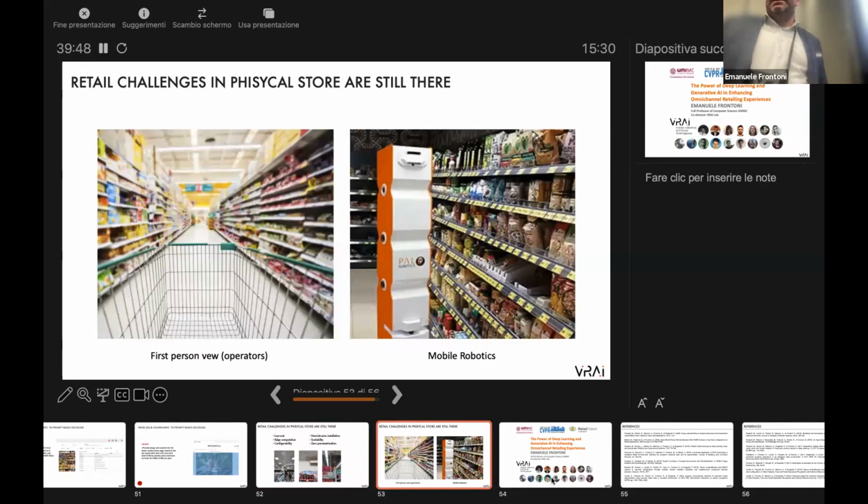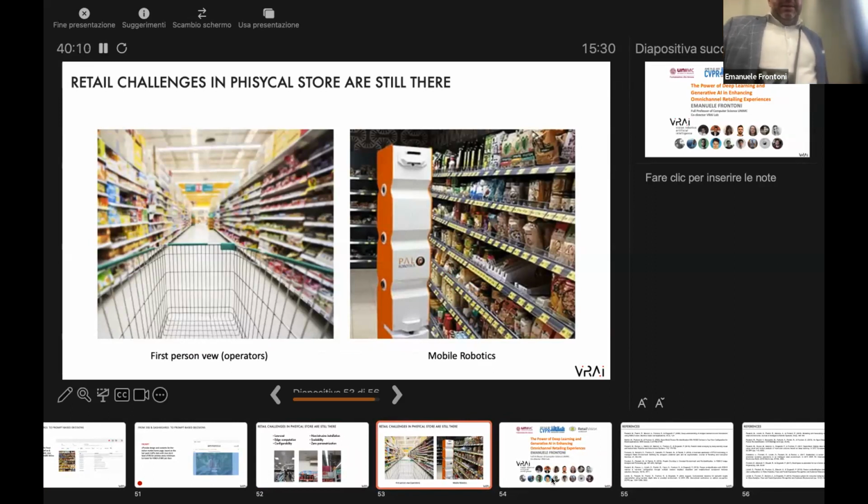So we have this idea of a first-person view, an egocentric view, call it as you want, but probably not on every customer for sure, mainly on the operators. And Agostino, together with Marina, designed a nice Italian project on this kind of view, putting together fundamental research with a nice way of applying it.